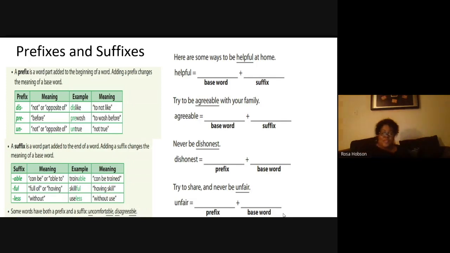Now, let's look at the next sentence. Never be dishonest.